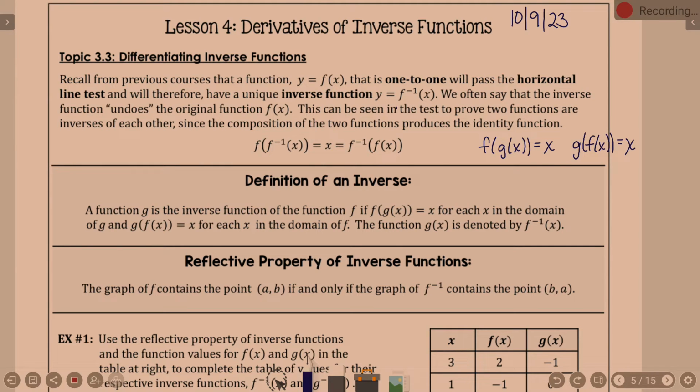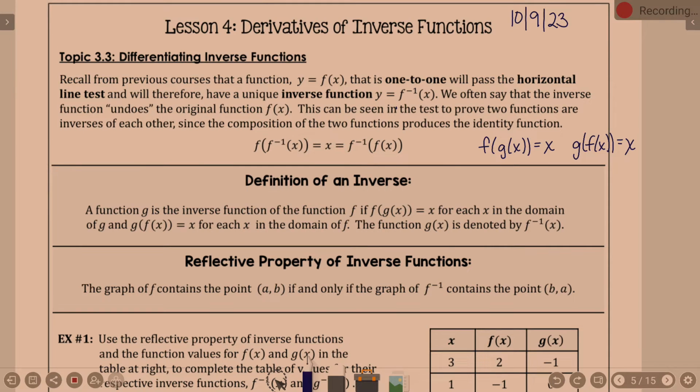That was one way to prove that if f of g and g of f both equaled x, then they were inverse functions of each other. That's what this is saying: if you take a function and its inverse, it will equal x. That's what f of f inverse and f inverse of f are saying. Okay?